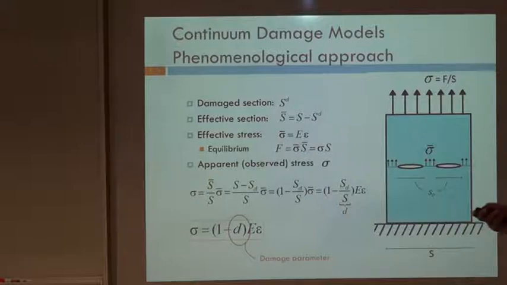So we introduced the damaged section, S_D, the area of the damaged part of the cross section, and the effective section, which we denote by S bar, which is the total area S minus the damaged surface. This is supposed to be positive, of course, since the damaged surface is never greater than the total area.